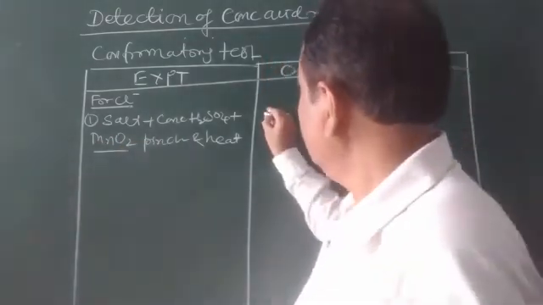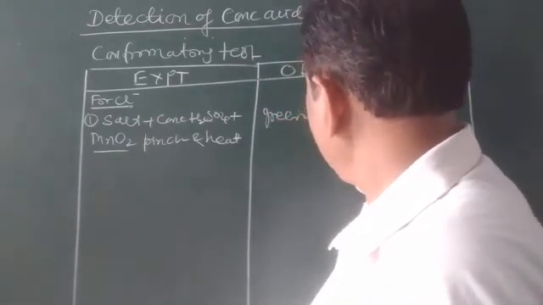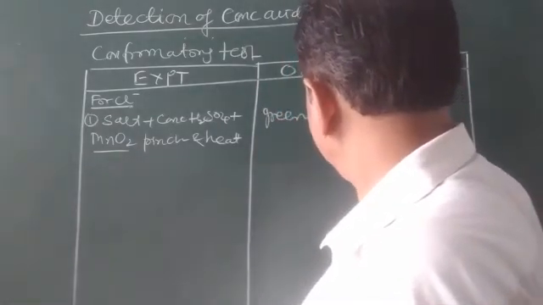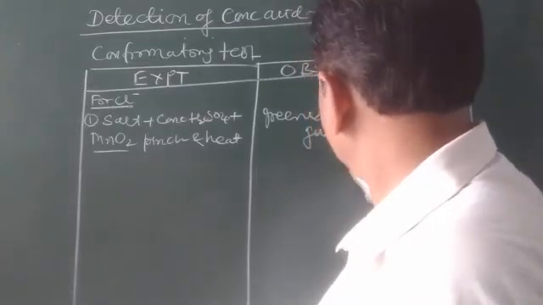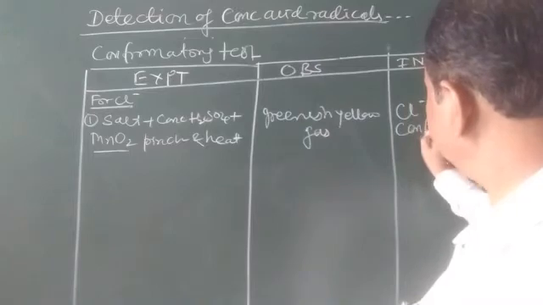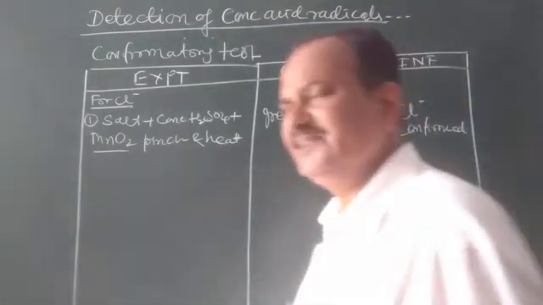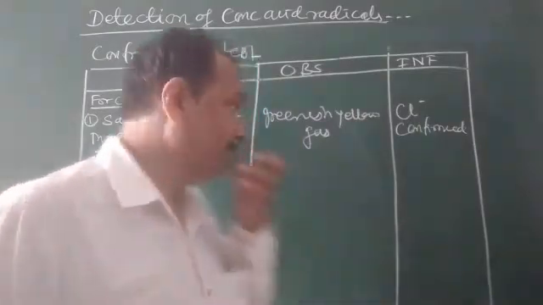Here we get a greenish yellow gas. And here we say chloride is confirmed. There are several tests you can have.